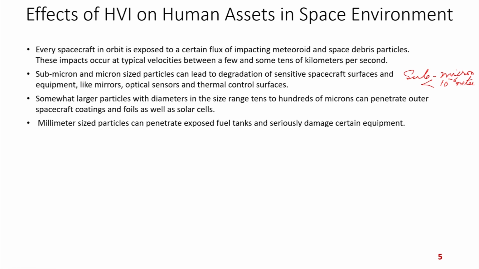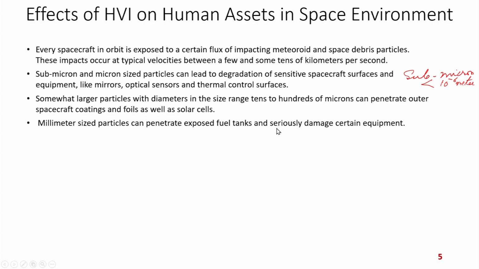When the impacting particles are of millimeter size, they can penetrate the exposed fuel tanks, the fuel tanks used in the spacecraft for orbit control or attitude control. They can also seriously damage certain other equipment.